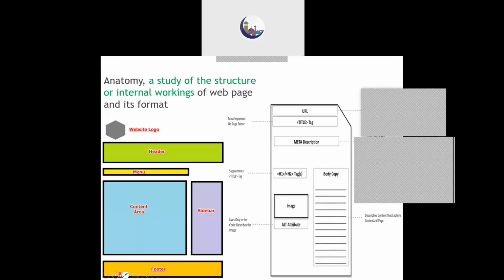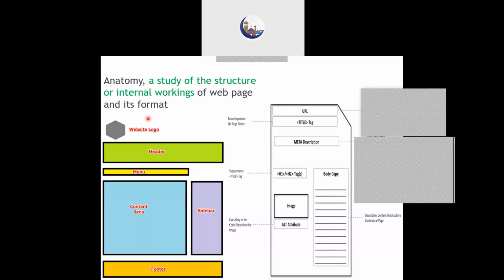Now let us try to understand the anatomy first. Before we understand the anatomy, let me say a word here. Anatomy is a medical term which tells what the various components in the human body are, how those components work, what their functionality is, and how they are interrelated.